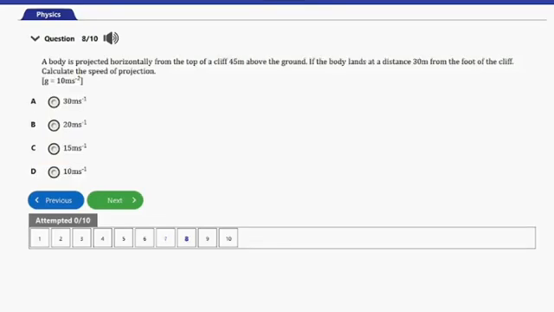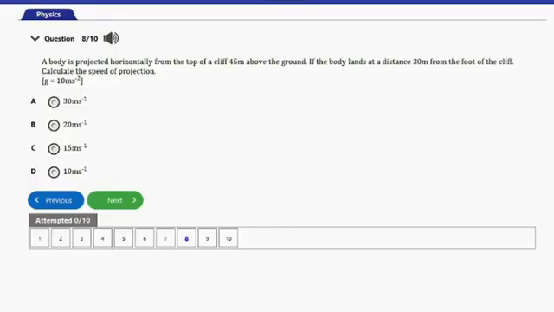So the next question here, question number 8 says, a body is projected horizontally from the top of a cliff 45 meters above the ground. If the body lands at a distance 30 meters from the foot of the cliff, calculate the speed of the projection.